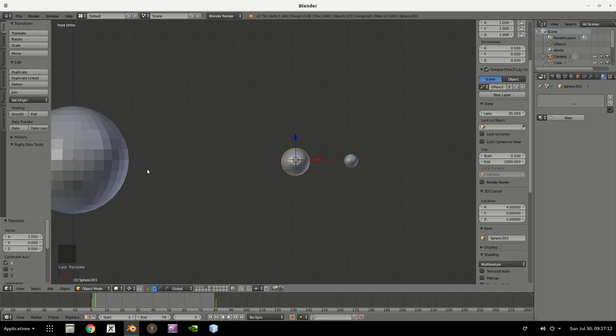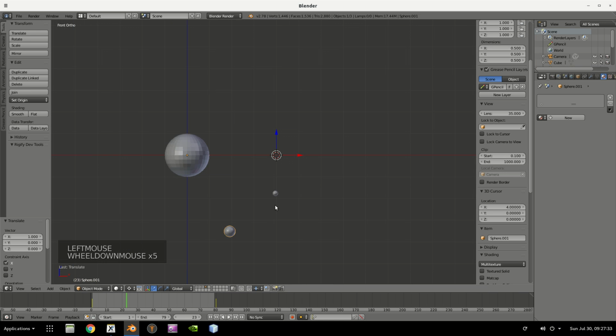Okay, this is the sun, this is the earth, and this is the moon. So in a realistic scenario though, this thing should be orbiting around the earth itself, so you want to move it like that. Okay, while the earth is moving, this one shouldn't be here, it should be orbiting around the earth itself.